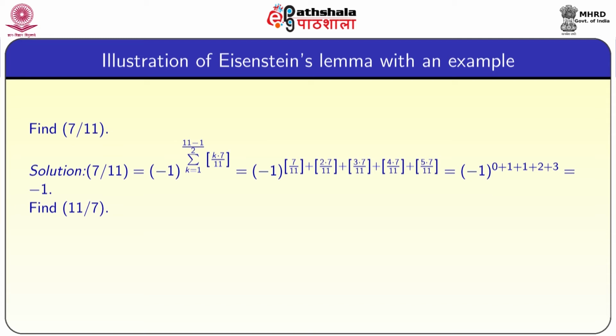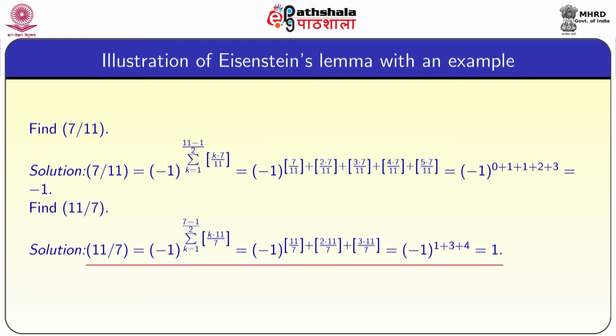Similarly, we can compute 11 by 7 as well. So, 11 by 7 is equal to minus 1 whole power summation k equal to 1 to 7 minus 1 by 2 of floor of k into 11 by 7, which is equal to minus 1 whole power floor of 11 by 7 plus floor of 2 into 11 by 7 plus floor of 3 into 11 by 7, which is equal to minus 1 whole power 1 plus 3 plus 4, which is equal to 1.